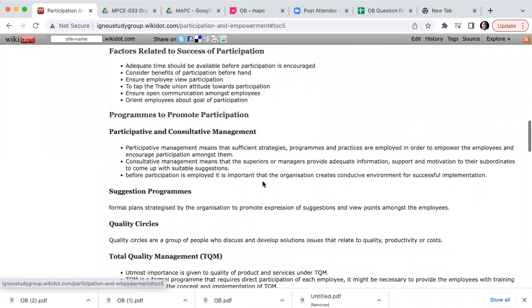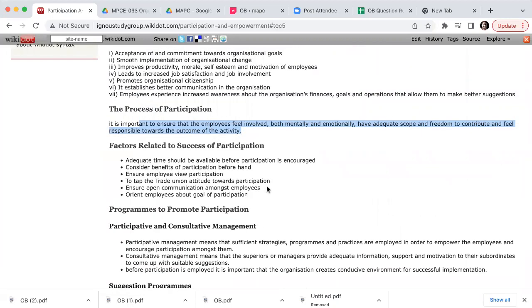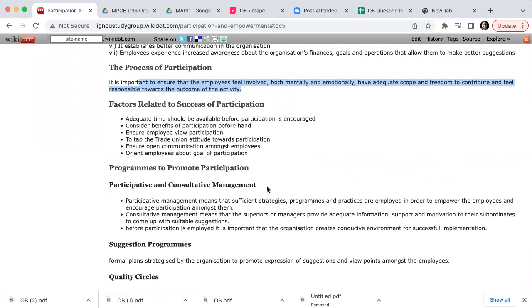So what are the factors that are going to make it successful? First, as Ritika told before as well, this cannot be a hurried process. You cannot really expect people to participate just because you said so today and expect it tomorrow. It doesn't really happen that way. You need to prepare. You need to wait for things to happen. So any urgent things would not really work out in this kind of a mechanism.